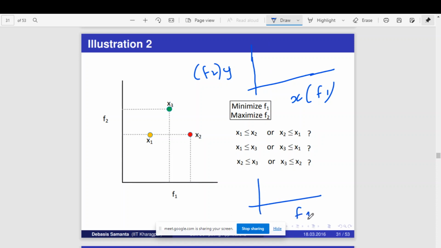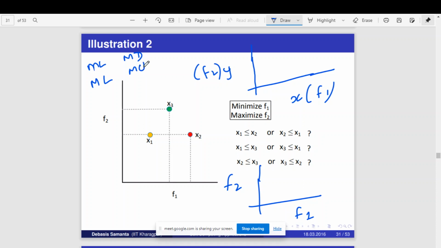Say here I am putting f1 and f2. If I want to minimize both f1 and f2, what does it mean? There are four options. The first is move left and move down. The second option is move left and move up.